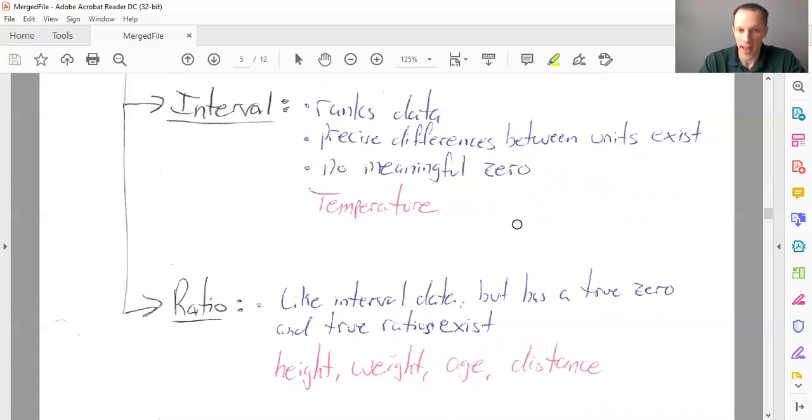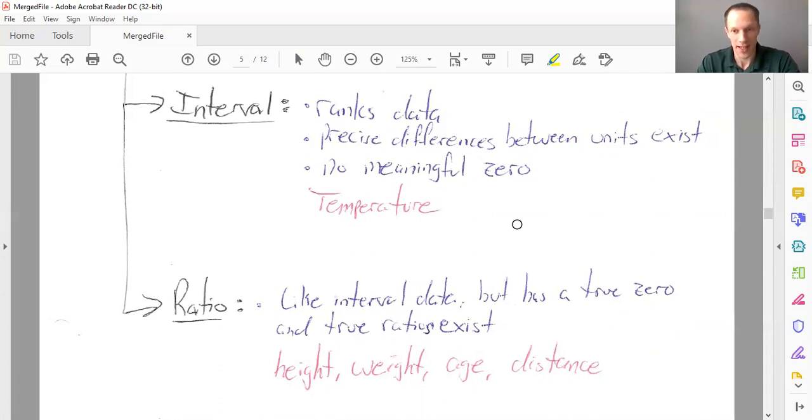And the way I know that is because if I take a little bit of heat away, I can actually get a temperature of -1 or -2 degrees Fahrenheit or -10 degrees Fahrenheit. So if I'm able to get negative temperatures, that means when I have 0 degrees, there's actually some heat there that I can take away. So 0 degrees doesn't mean no heat at all. That's what makes temperature interval data.